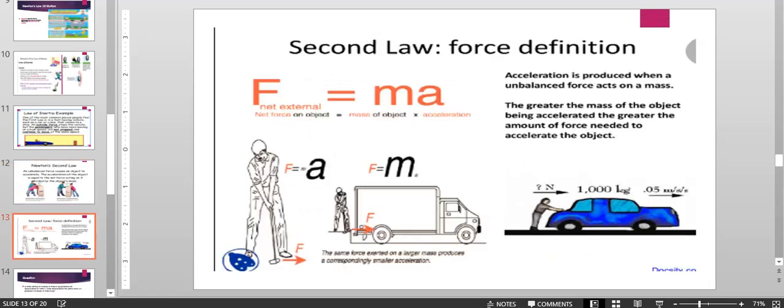So Newton's second law of motion depends upon two factors, that is mass and acceleration of a particular object.